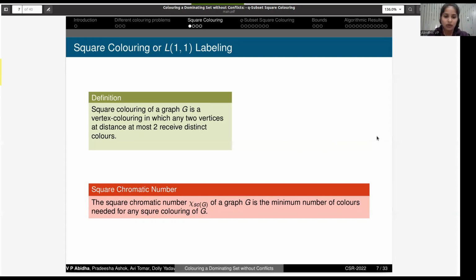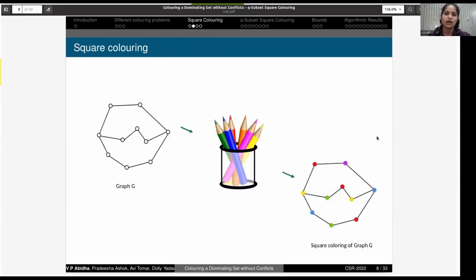The minimum number of colors used in this coloring scheme is the square chromatic number. This is one example, graph G, and the minimum number of colors used in this graph is 5. So the square chromatic number of this particular graph is 5.